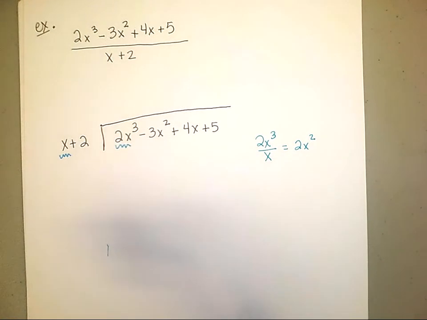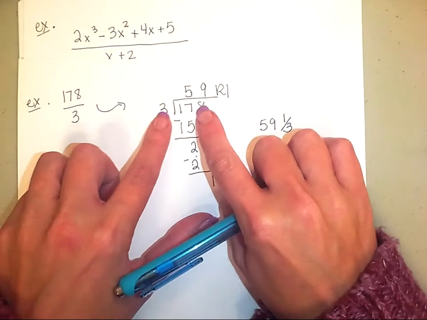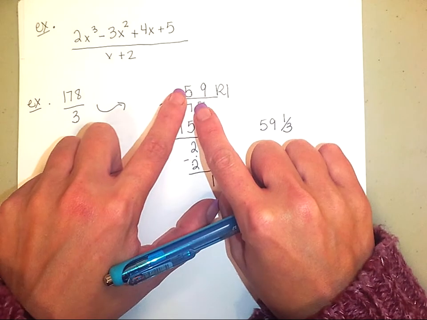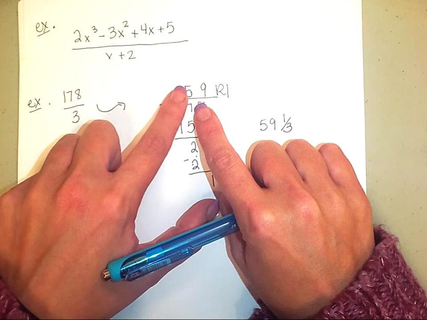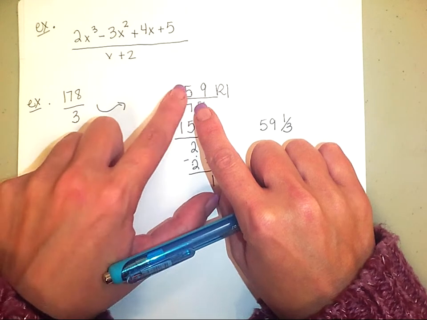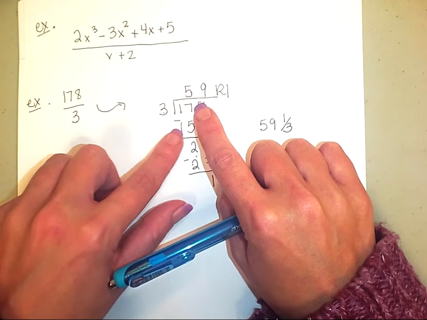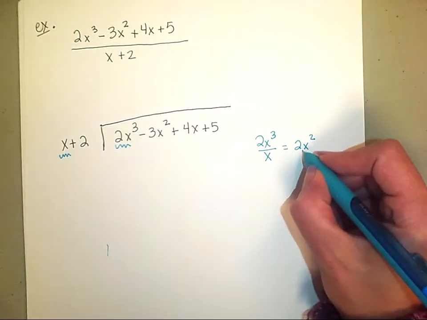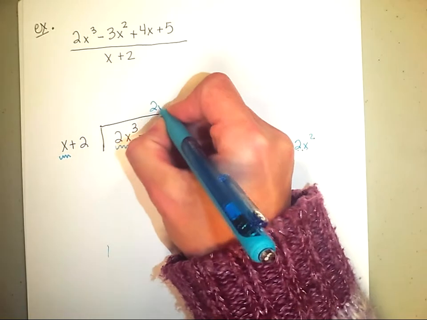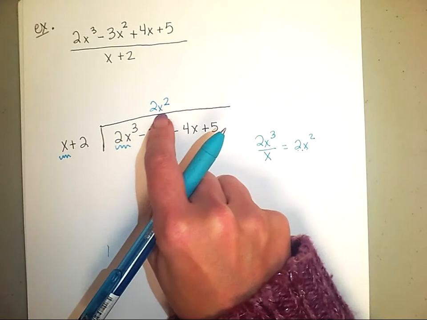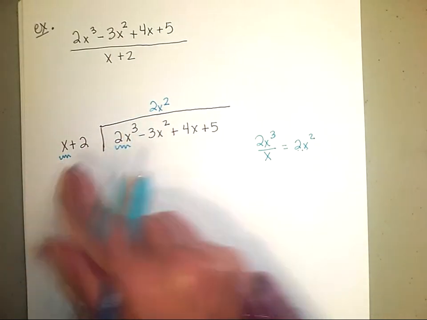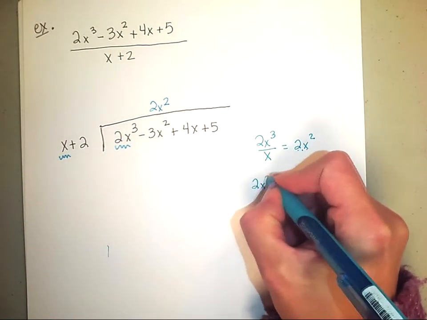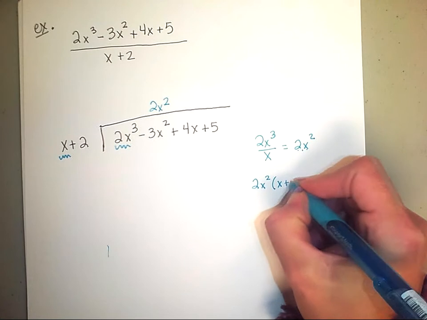So just like we've done here, we determined that 3 went into 17 5 times. So we'll write that up top, and then whatever we write up top, we're going to multiply by and write below. So we've determined that it's 2x squared. Now 2x squared needs to be multiplied by this entire thing, not just the x, but the x plus 2.